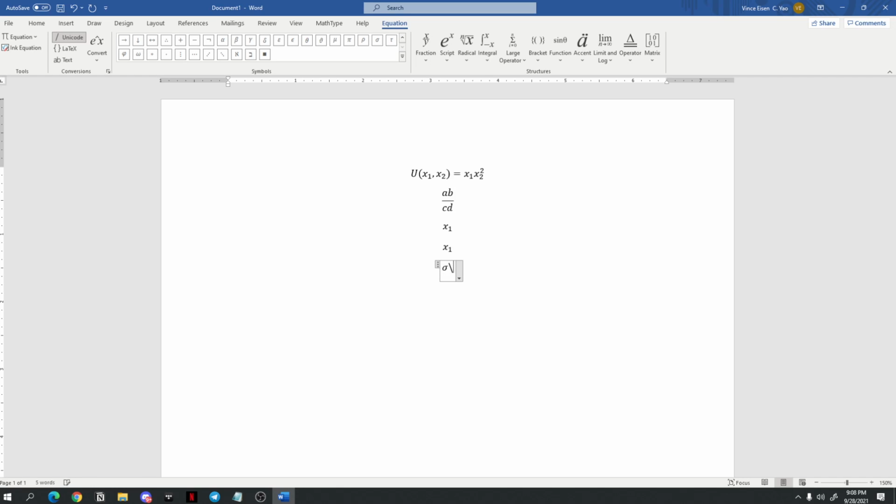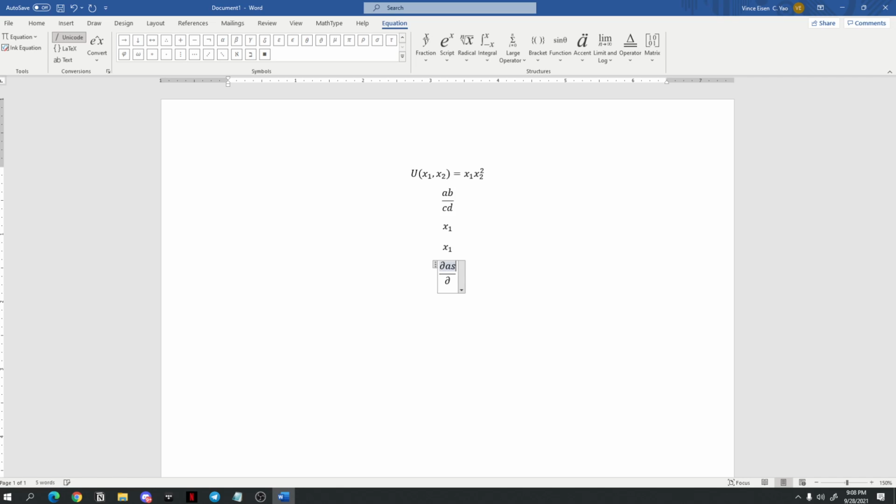And if I want a partial derivative, which is what you will usually encounter in this course, I just have to type partial over partial right there. And you see, it's pretty easy to set up this partial derivative equation right here.